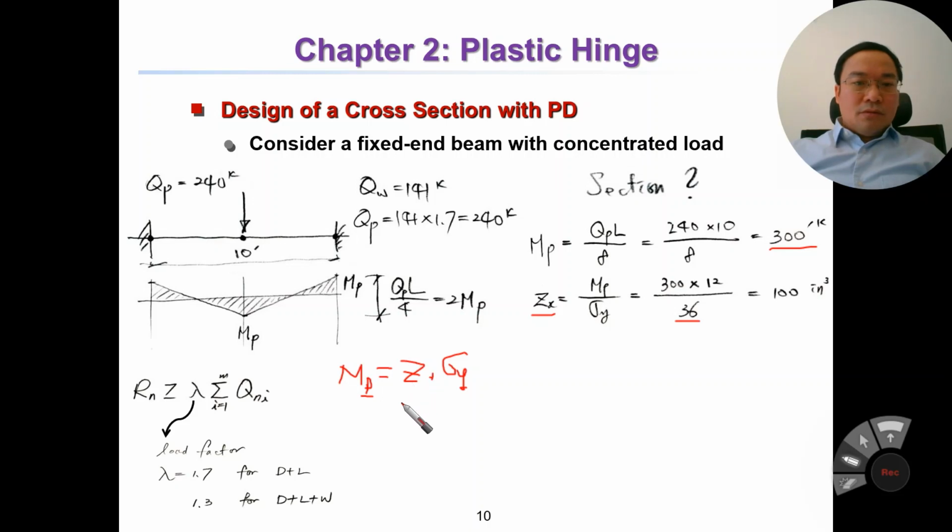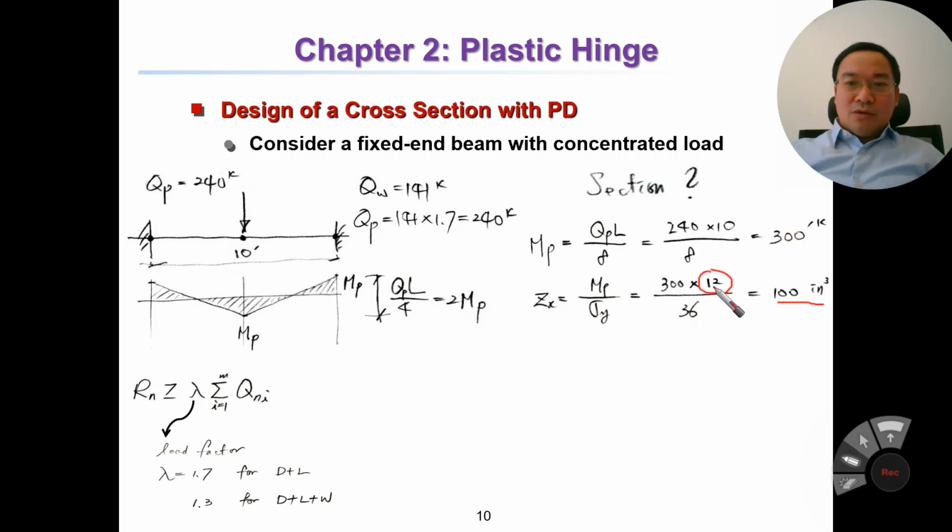So determine the section means determine the plastic section modulus. Okay, so here we have Zx equal to MP divided by sigma y, and equal to this, 100 inch cubed. So here we have 12.